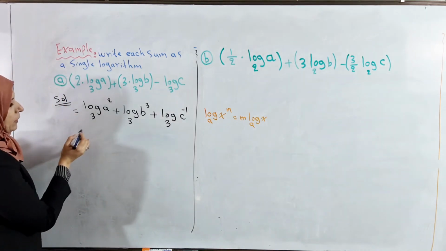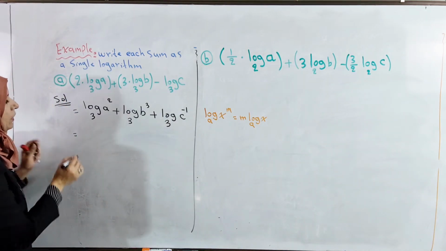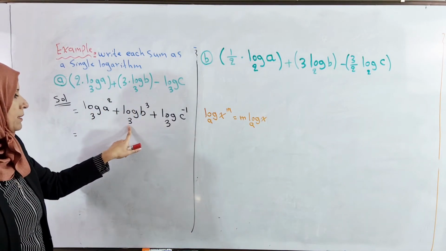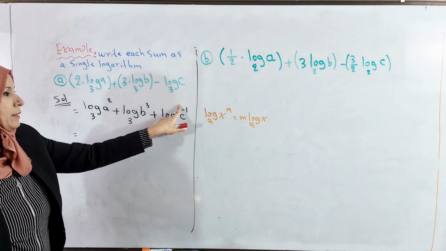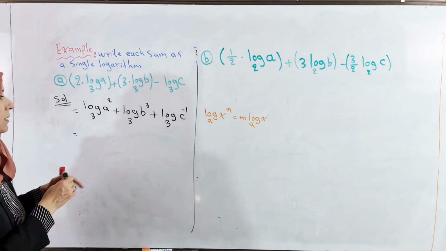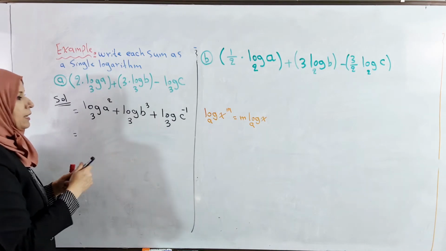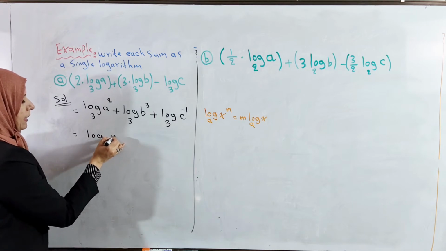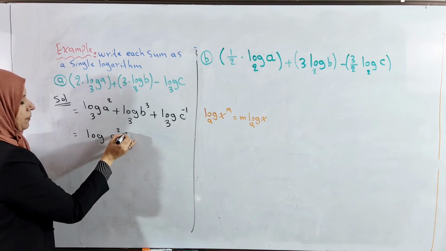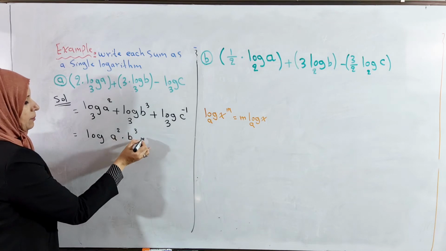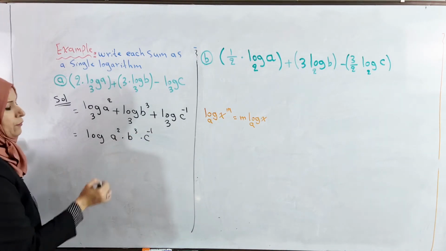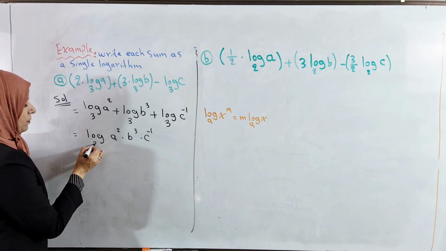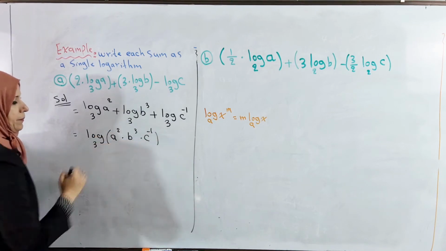Now we can write logarithm a power 2 for base 3, logarithm b power 3 for base 3, logarithm c power negative 1 for base 3. All of them are for base 3. Then we can write logarithm a power 2 multiplied by b power 3 multiplied by c power negative 1. All of them are for base 3.